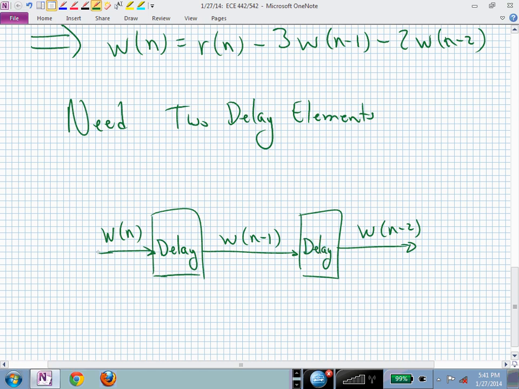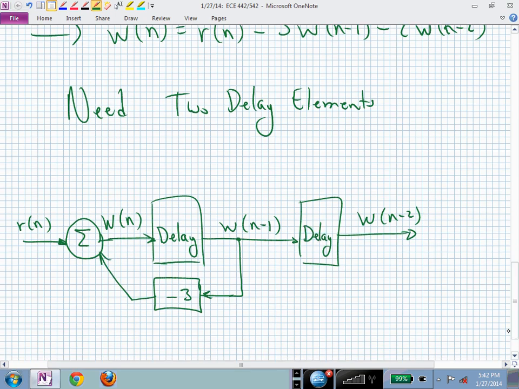If I build up w of n as a linear combination of the forcing function r of n and these delayed versions of w, meaning w of n is some r of n, and it's also minus 3 times w of n minus 1, and it's minus 2.